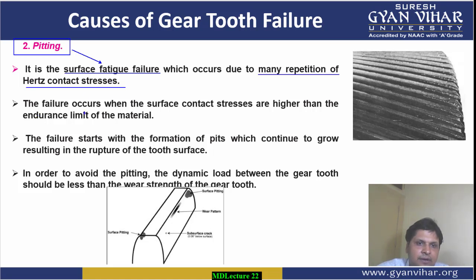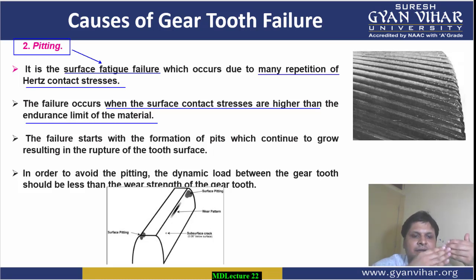The failure starts when the contact surface stresses are higher than the endurance limit of the material. Whenever the teeth of the different gears are in contact, students, and the stresses at the point of contact are higher than the endurance limit of the material.